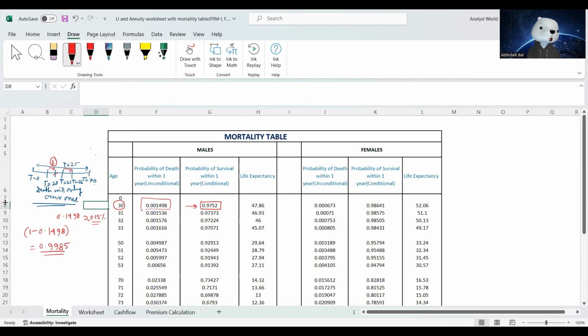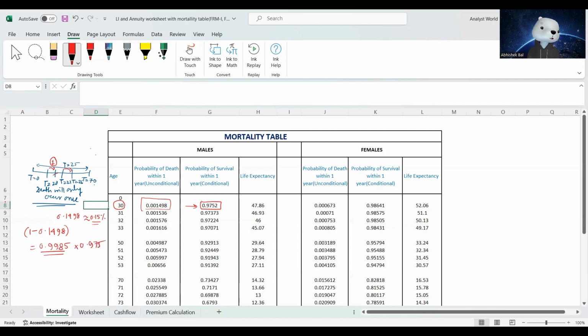Now if we have to come up with the probability that he survives up until his 31st year, we will simply have to multiply this with the survival probability of the person till 30th year. Because as we have said before, the person needs to survive up until his 30th year in order to see the 31st year.